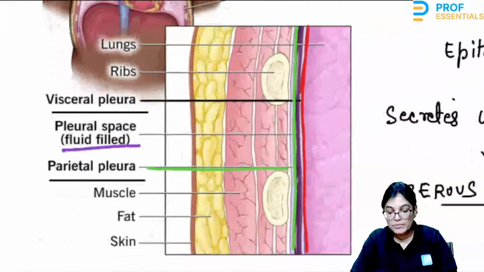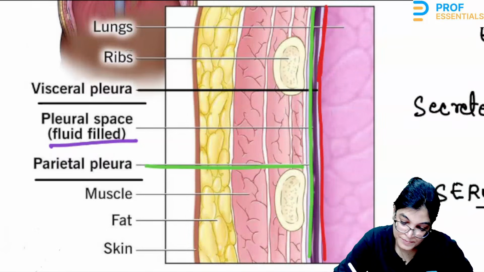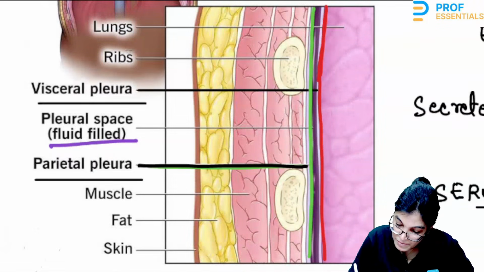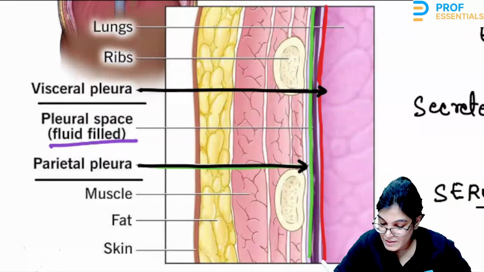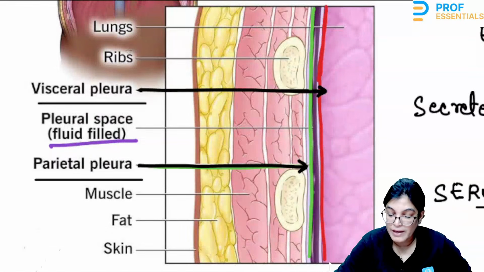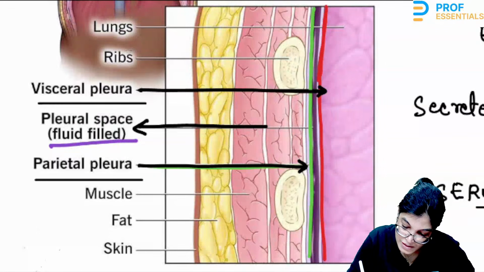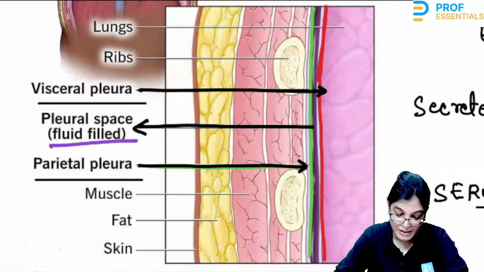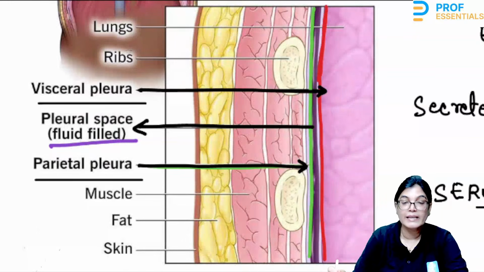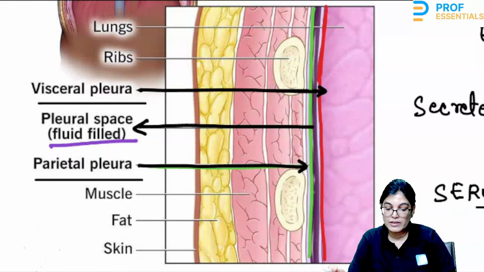Very nicely you can appreciate this in the diagram. So this is the parietal pleura, this is the visceral pleura, and the space lying between these two is filled with the pleural fluid. Okay, so done with this.